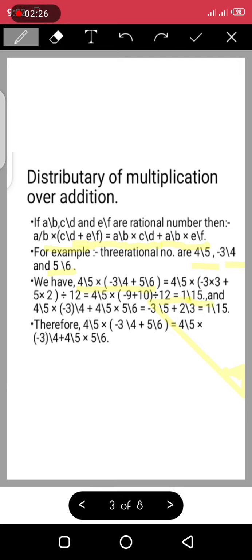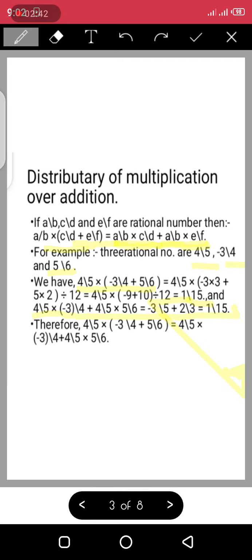1/15. And further, if we take the RHS part, that is a/b × c/d + a/b × e/f, then we also get the answer 1/15.